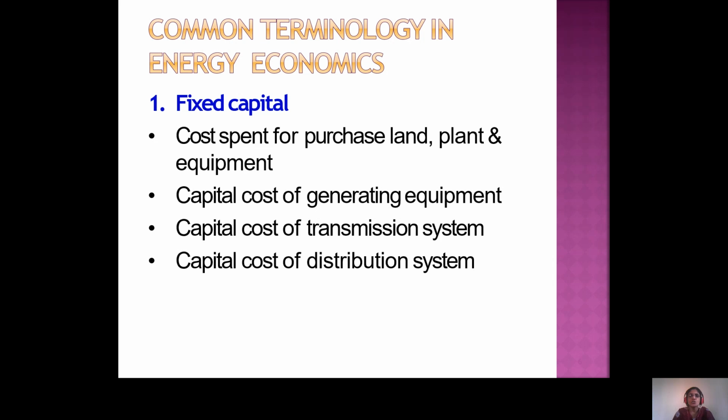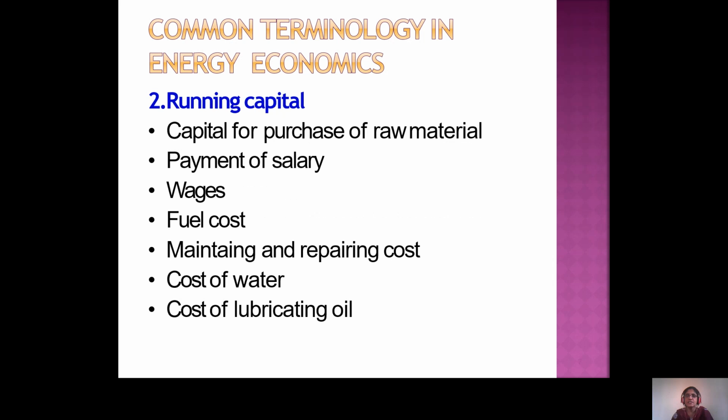Fixed capital is the cost spent for purchasing land, plant or equipment, and the cost of generating equipment, cost of transmission system and capital cost of distribution system. These relate to the fixed cost.